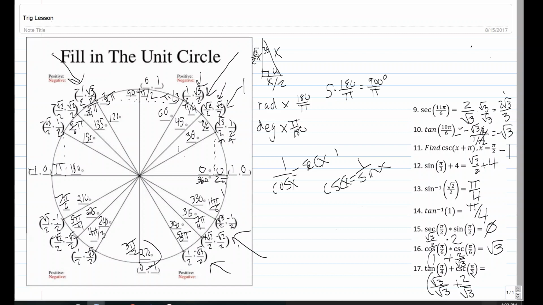And then I'm going to multiply by root 3 over root 3. And it turns out I wasted a whole bunch of time because I get 1 for the first term, and I get 2 root 3 over 3 for my second one. And that is our simplified answer for that.